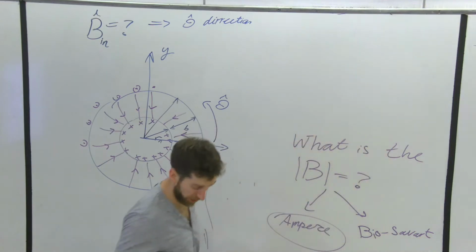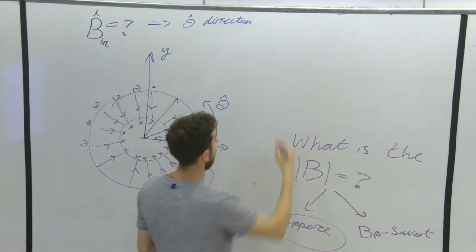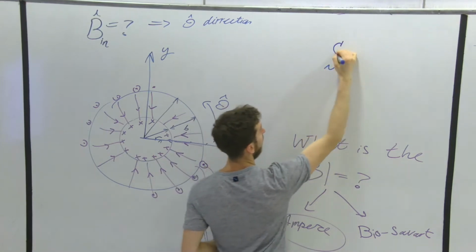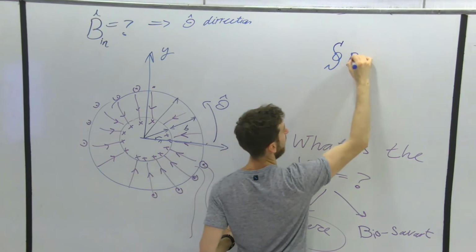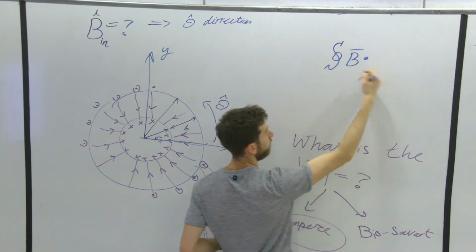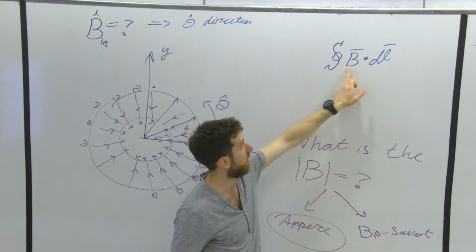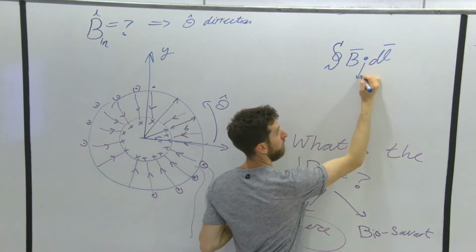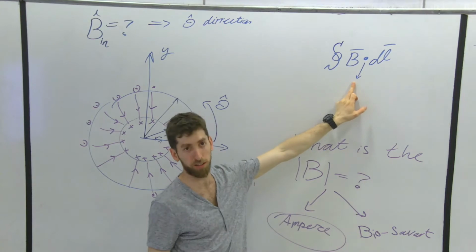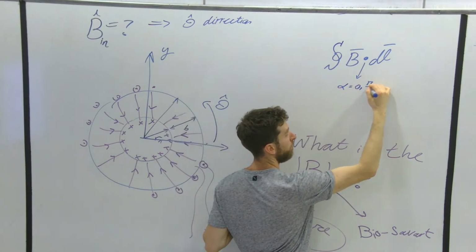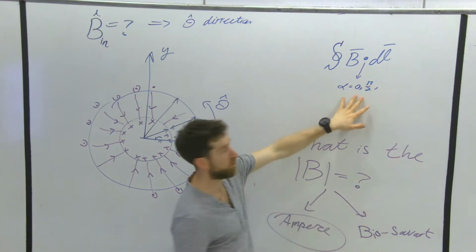So the equation states that if I choose a closed loop on the magnetic field and do the dot product between the line of the magnetic field, right? So what I want here is a really easy dot product, which means I want alpha to be 0 or pi over 2, something that's gonna be easy.